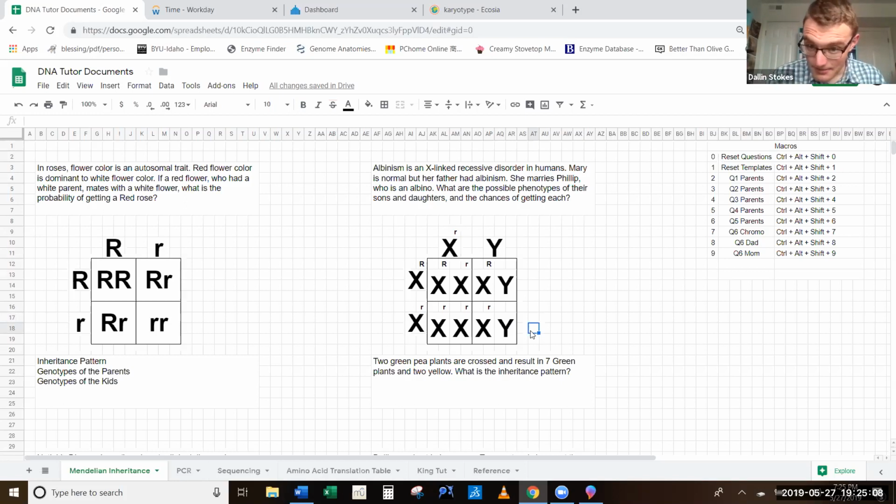What does this tell me? Well, for a male to have albinism, he has to have one little r because there's no big R to compete with it, and he can only have one copy of the gene. So this gentleman will have normal skin pigmentation because he has the dominant trait, which we were told up here is normal skin.